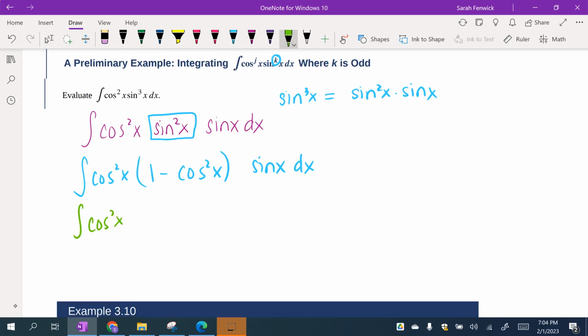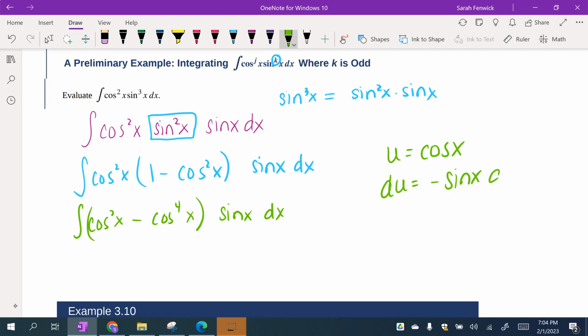Cosine squared x minus cosine to the fourth x times sine x dx. U is going to equal cosine x. Du would then be negative sine x dx. If we have a negative on our sine, so this is still times, by the way, then we need a negative out here.